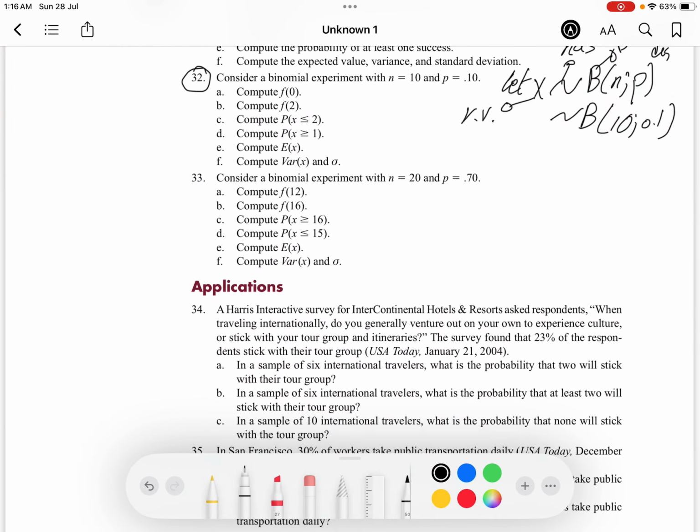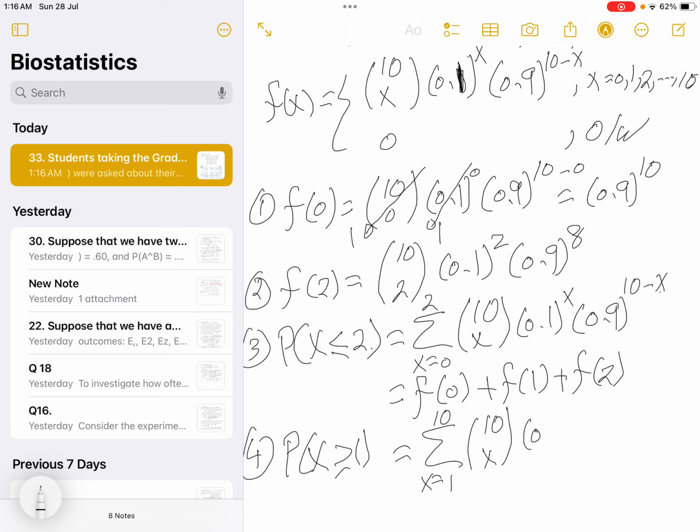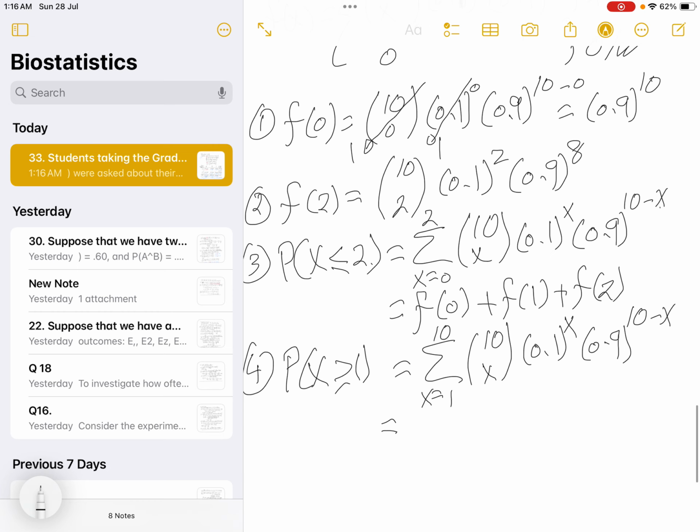Number 4, probability x greater than or equal to 1, at least 1. You can solve it in two ways. First, you can put the summation sign, x from 1 up to 10, 10 over x, 0.1 to the power x, 0.9 to the power 10 minus x, and I don't want the final answer.